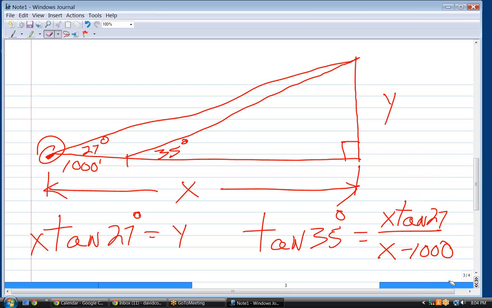All right. That's the only kind of problem like that I can think of. There's going to be numerous problems of this type where you end up with two equations and two unknowns. And you have to solve that system of equations.